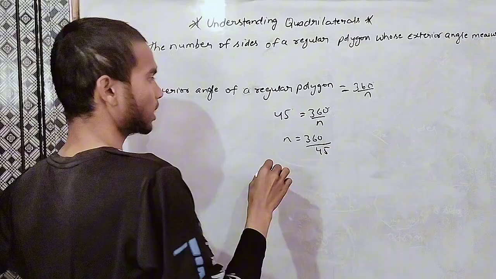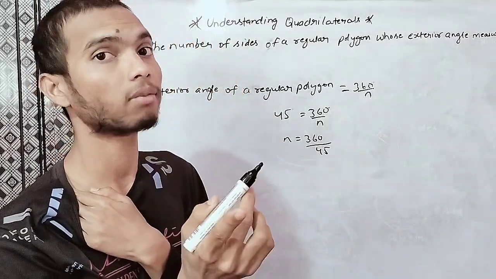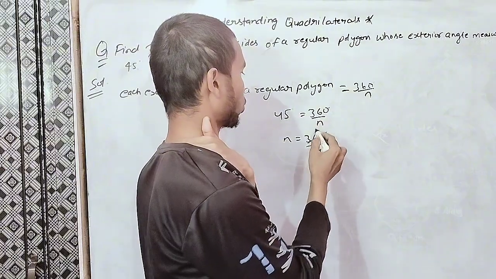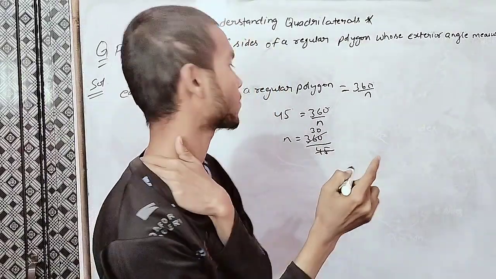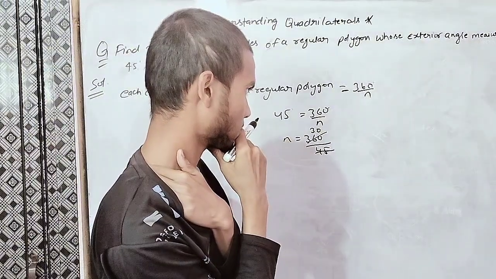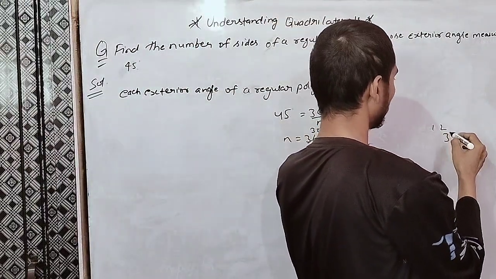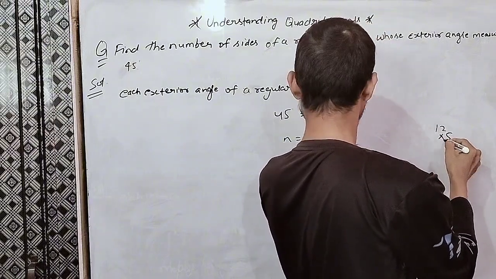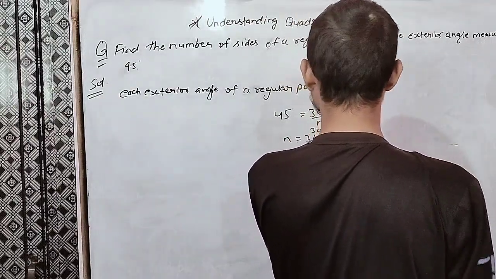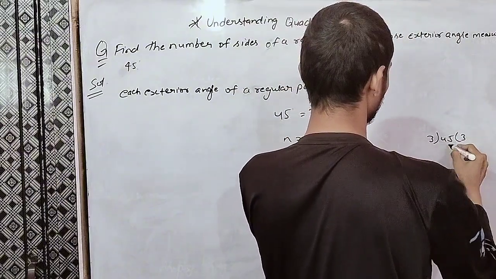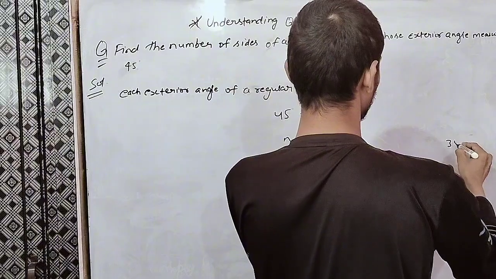How would you cancel it? 9 fives are 45, 12 threes are 36.